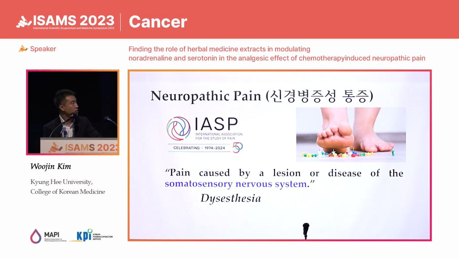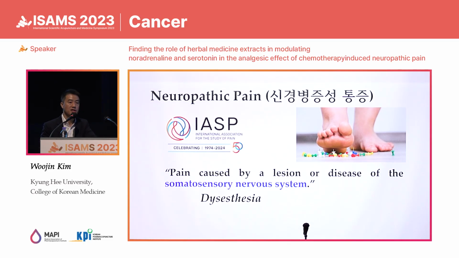The International Association for the Study of Pain says that neuropathic pain affects the somatosensory nervous system. It is caused by a structural or functional problem of the somatosensory nervous system, and it is a severe pain. Neuropathic pain is characterized by dysesthesia, which is an abnormal sensation.